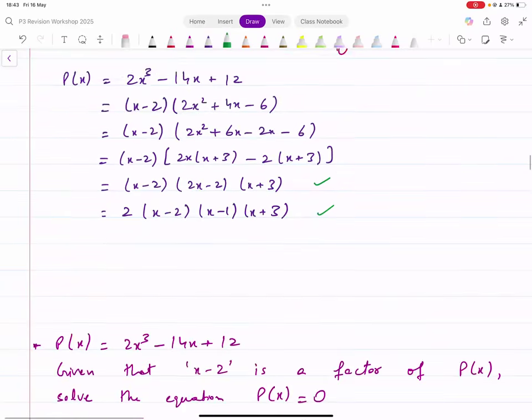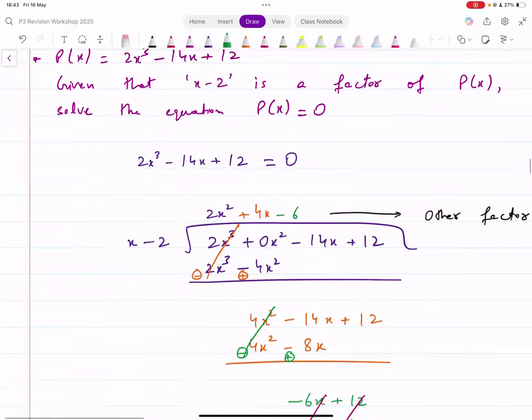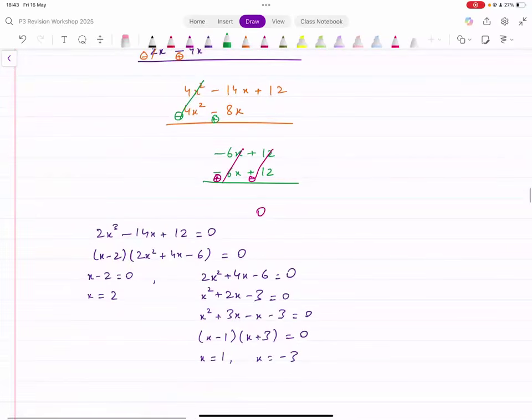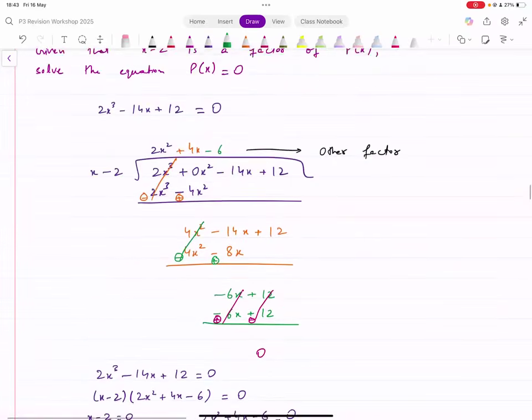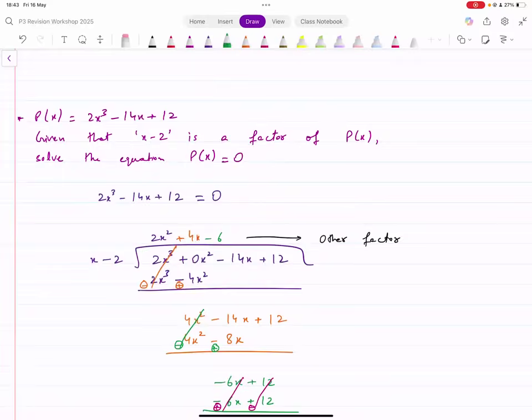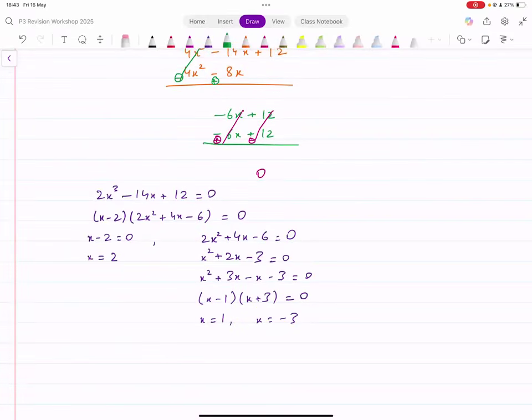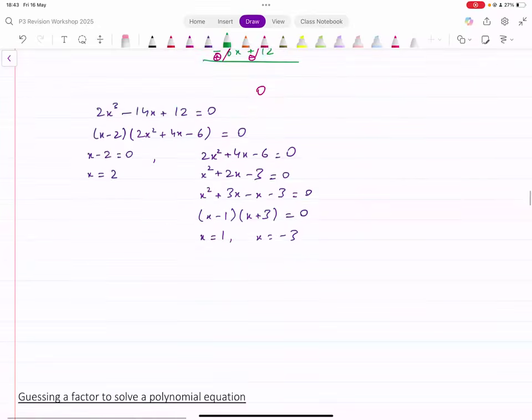If they want us to find the solutions of an equation, in that case, we would put that equal to 0. If the polynomial is equal to 0 there, we equate that to 0 and find the values of x from that. Solving means finding values of x. Factorizing means you just write that expression as a product like that. Okay, so that's how this works.